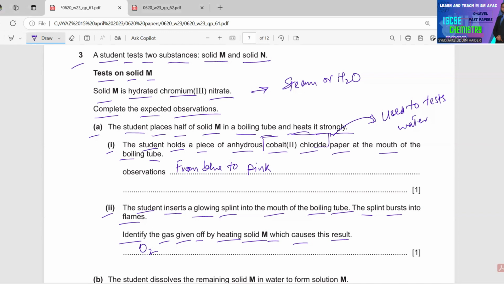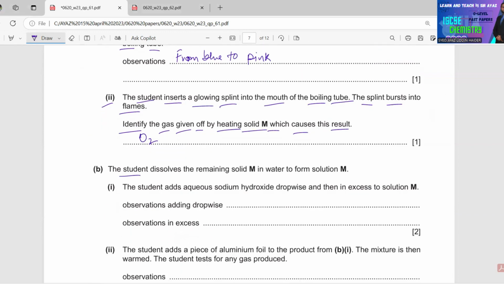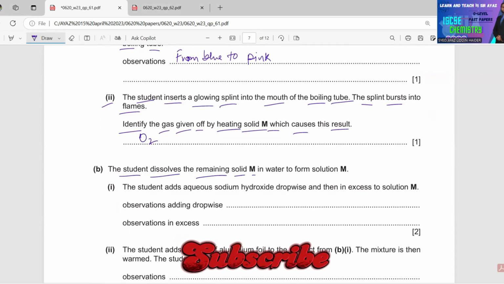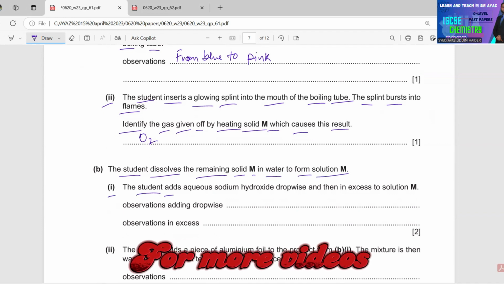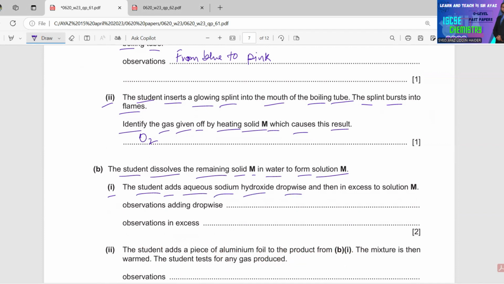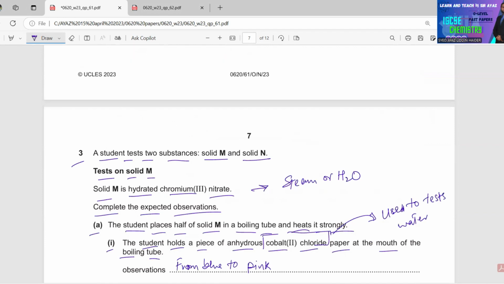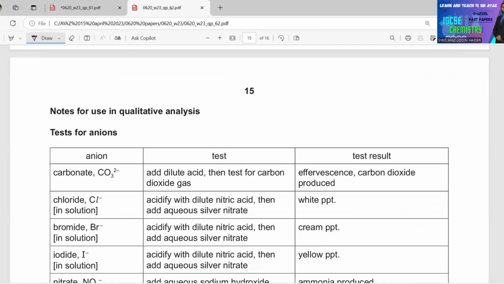Okay, part B. The student dissolves the remaining solid M in water to form solution M. Number 1, the student adds aqueous sodium hydroxide dropwise and then in excess to solution M. Observations during dropwise adding, and observations in excess. If you see, it's chromium 3 nitrate, and let's look at the result of the cations.